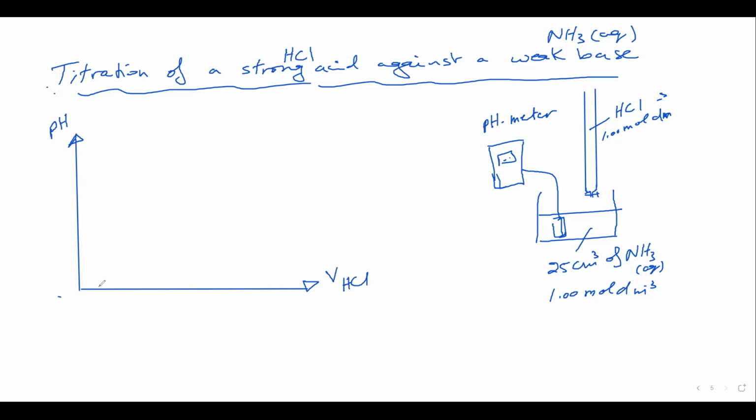If we place 0, 5, 10, 15, 20, 25, 30, 35, and so on, then we are expecting the equivalence point. We said the equivalence point is the volume of the acid added that will completely neutralize the base placed in the beaker. Now we have ammonia.